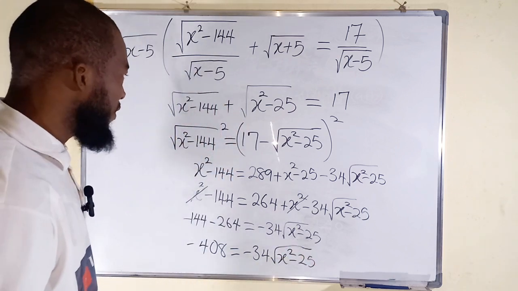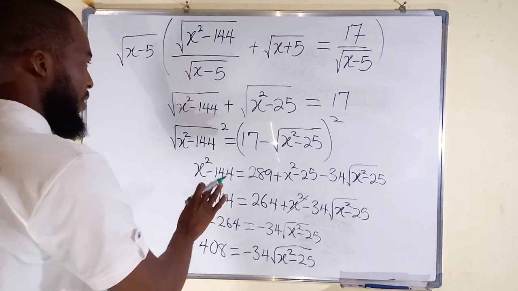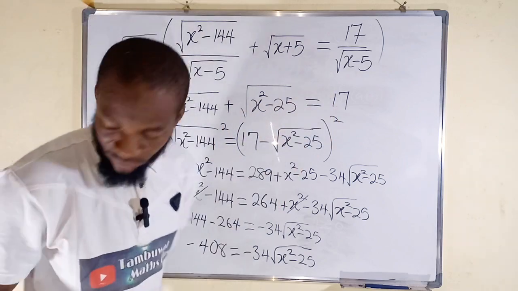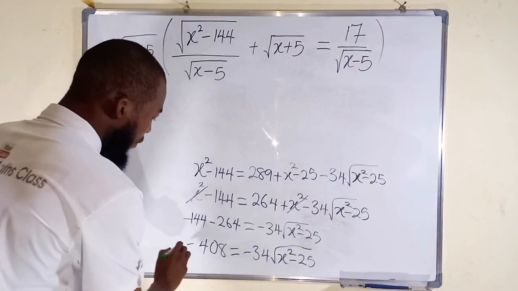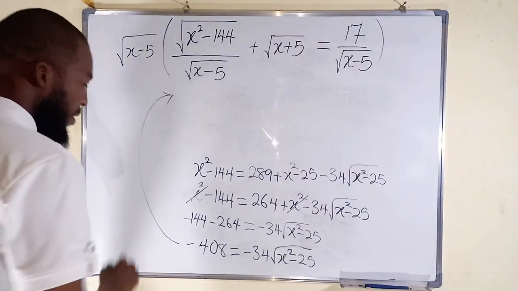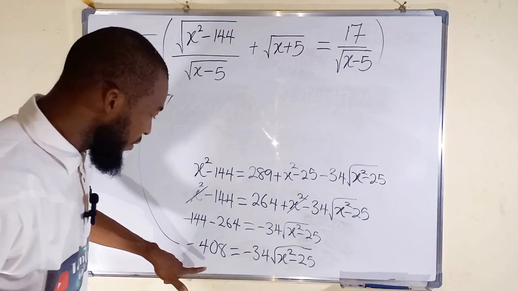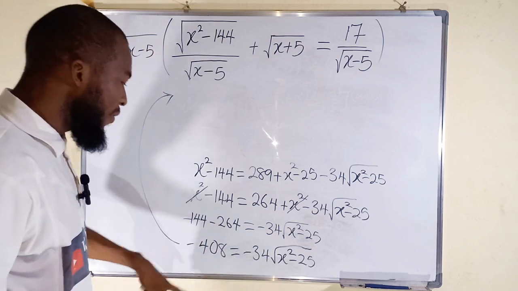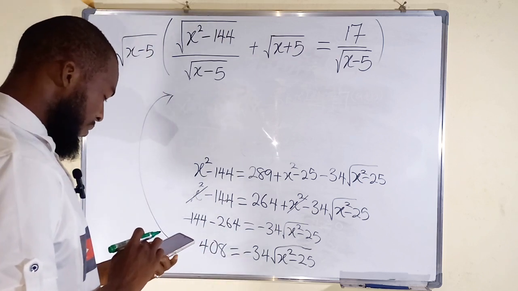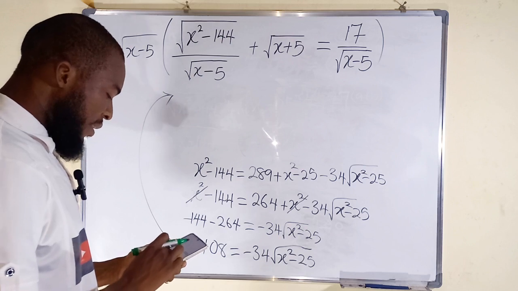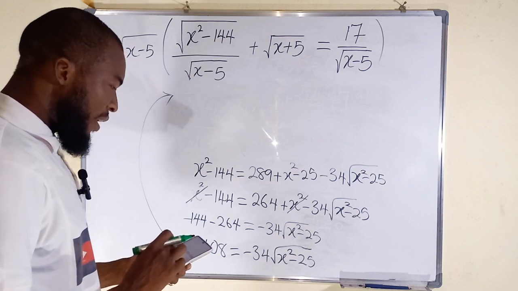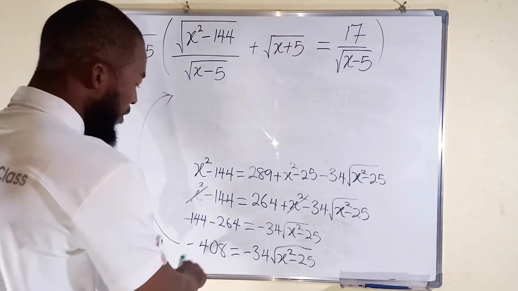We are still progressing. Let me wipe this place. Therefore, from here, let us divide both sides by negative 34. 408 divided by 34 gives us 12 exactly.